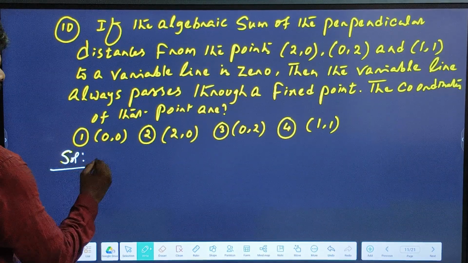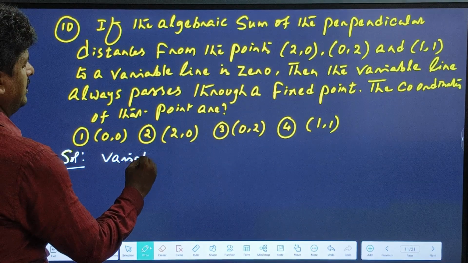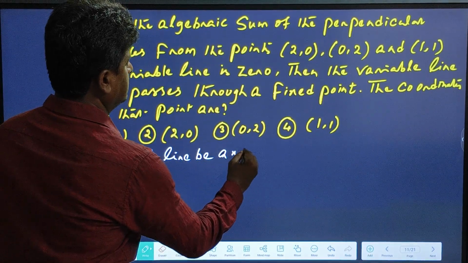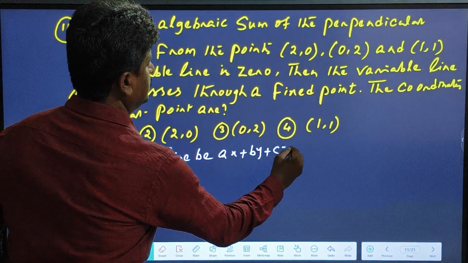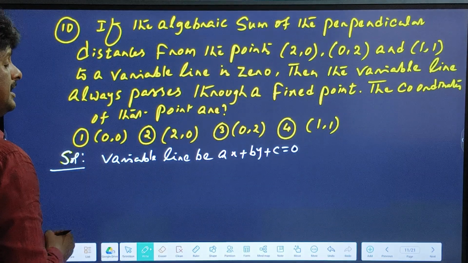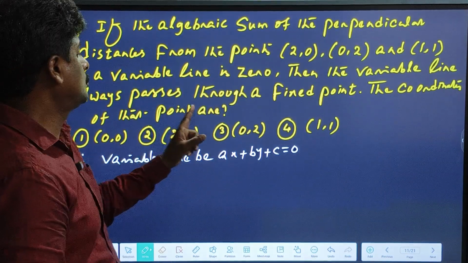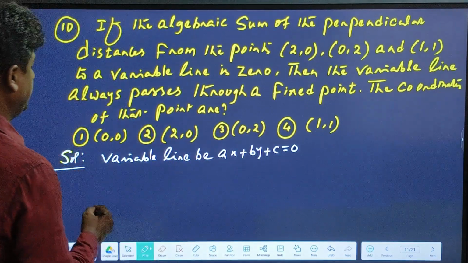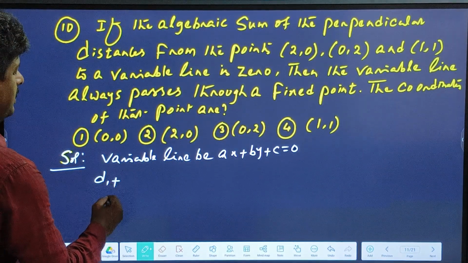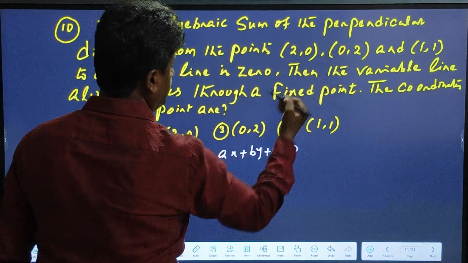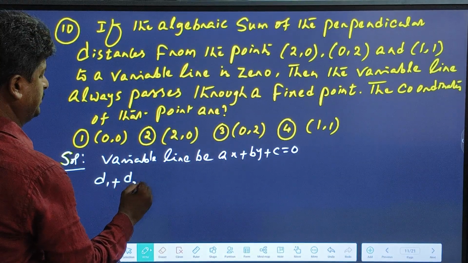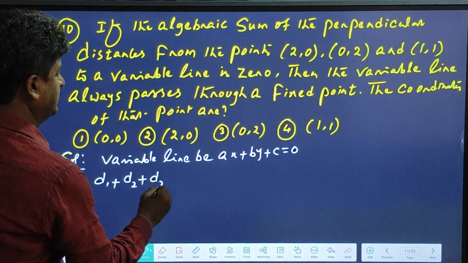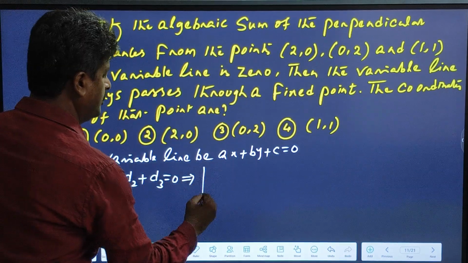Let the variable line be ax plus by plus c is equal to 0. The perpendicular distance of this line from the point (2, 0) is d1. From the point (0, 2) is d2. From the point (1, 1) is d3, and the sum is equal to 0.